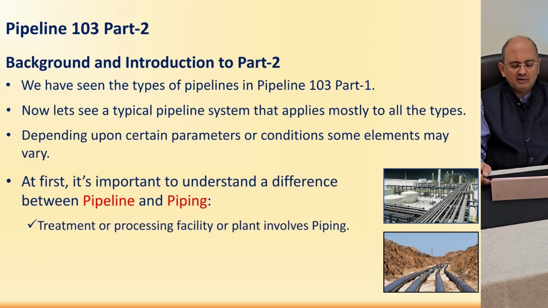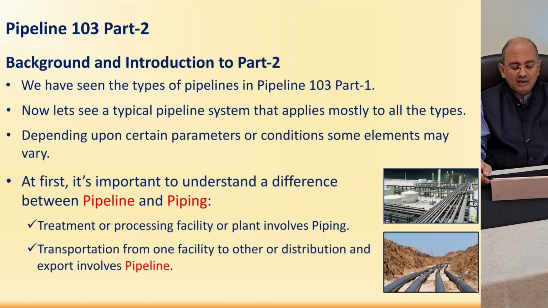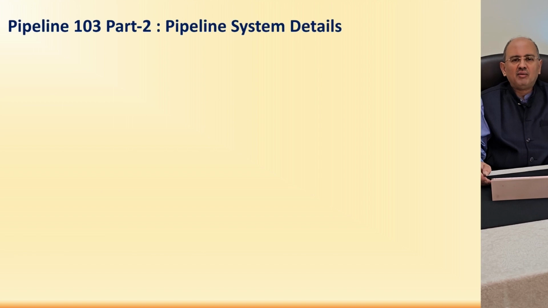So that is the basic difference. A treatment or processing facility or plant involves piping, and the transportation from one facility to another or the export network involves pipeline.